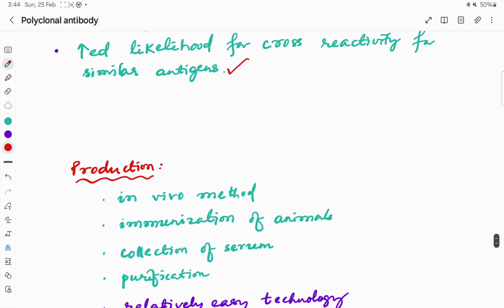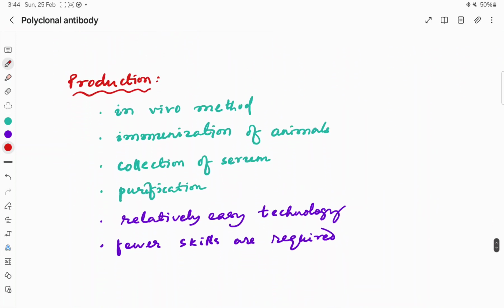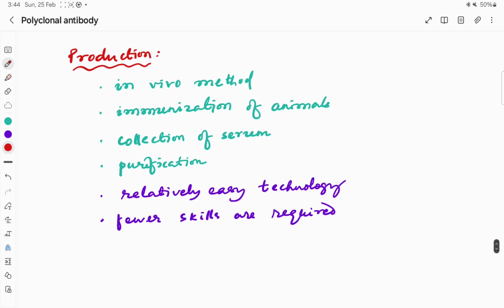So you can write the advantages and disadvantages. Before that, this shows the production. This is an in vivo method. We have to use animals, different animal species are required, and then we have to immunize those animals. Then we collect the serum, and mostly the antibodies are produced on a large scale using the horse.